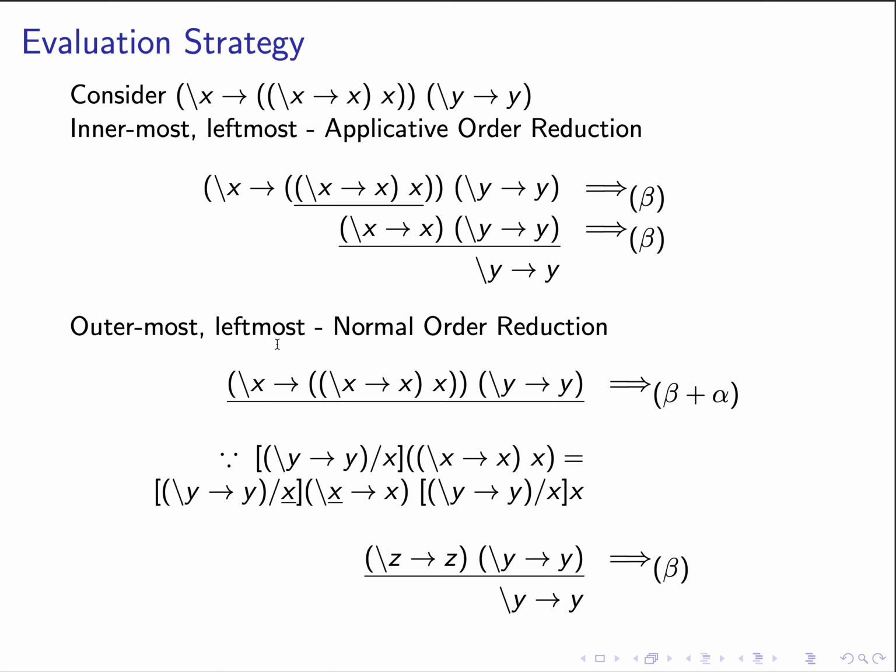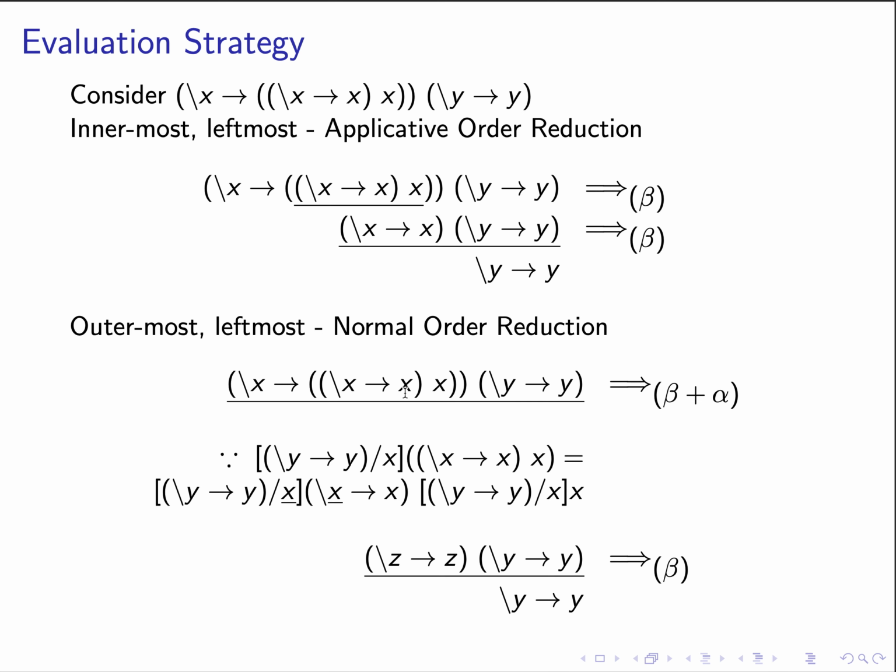For the same program, if we apply the outermost leftmost strategy, which is normal order reduction, we consider this outermost redex to reduce. We simply replace this x1 by the actual argument, which is lambda y. y. And we have already performed the renaming: we rename this inner x to become z.